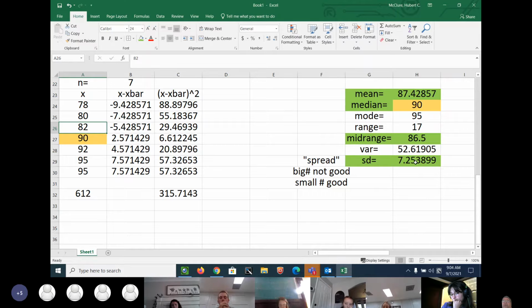It went down because the numbers are closer. So what does this say? This is important because I guarantee you some of y'all have gone through a whole probability and statistics course and never saw this. What does this mean?